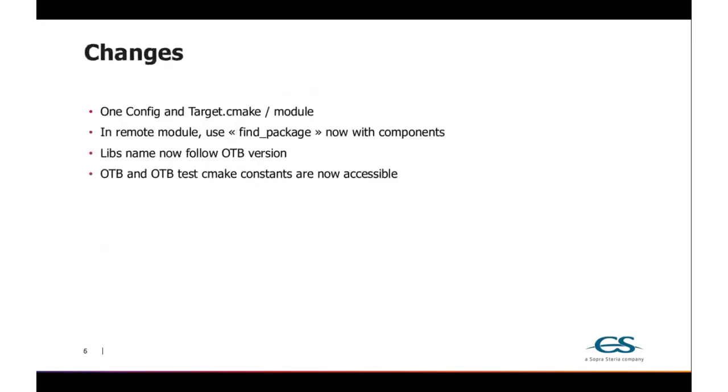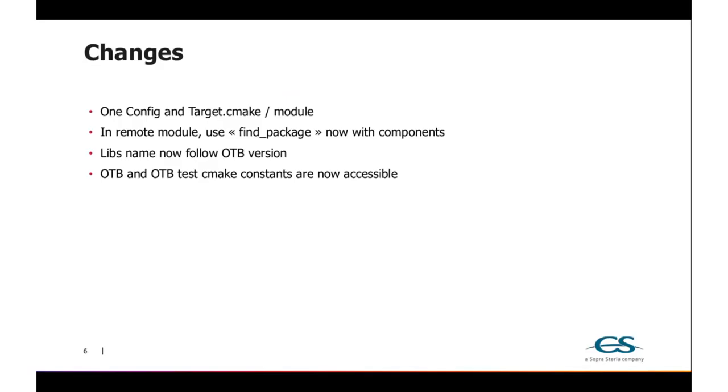So it just changes when you download the OTB sources or OTB package. You just have two files that are generated compared to previous OTB. It's one config and one target CMake file per module.